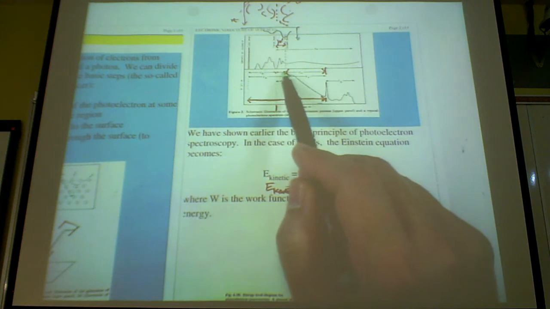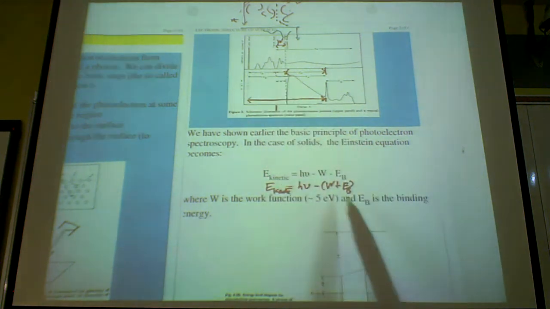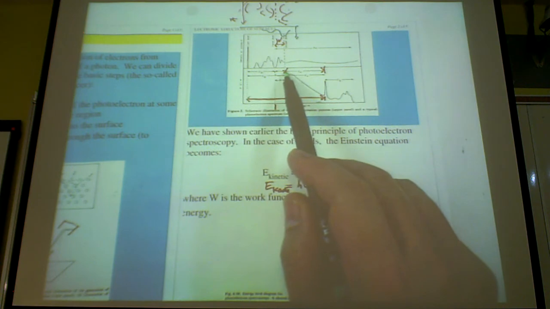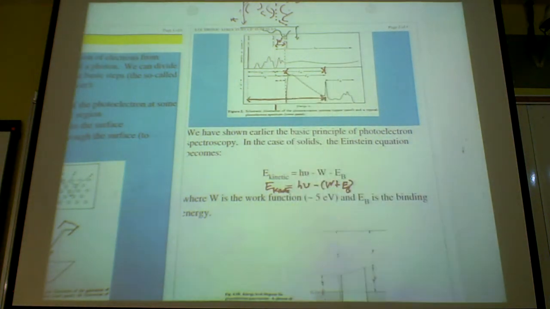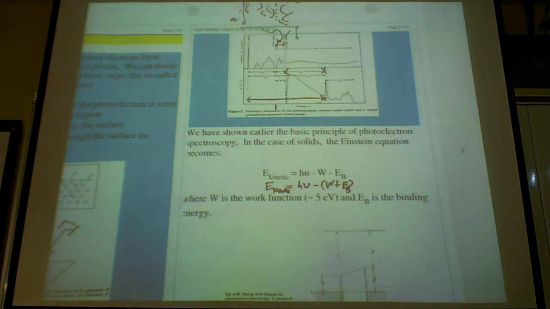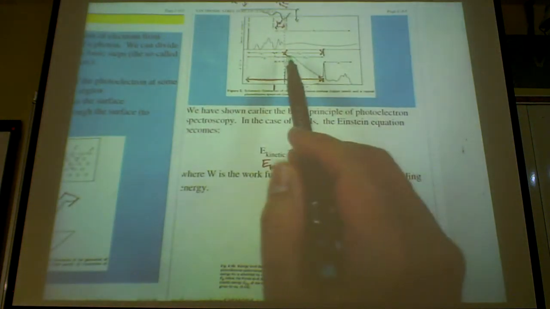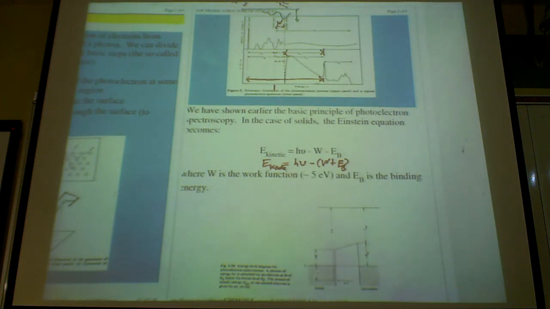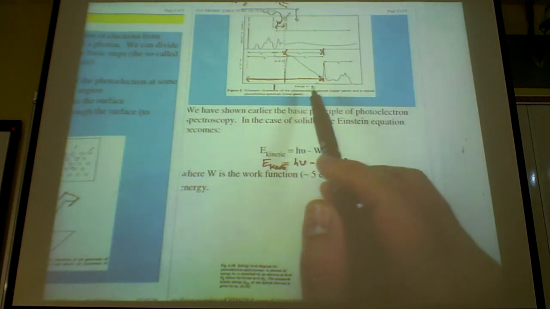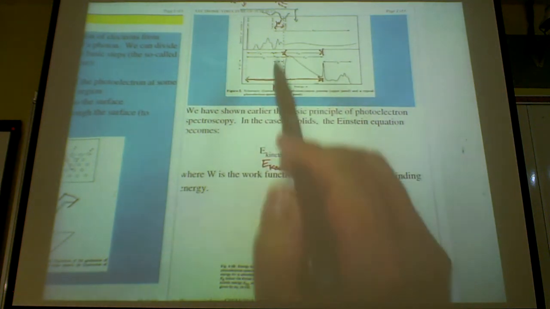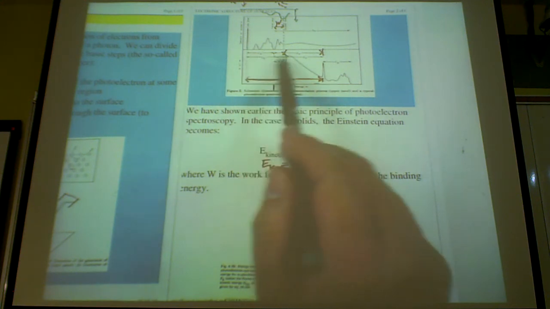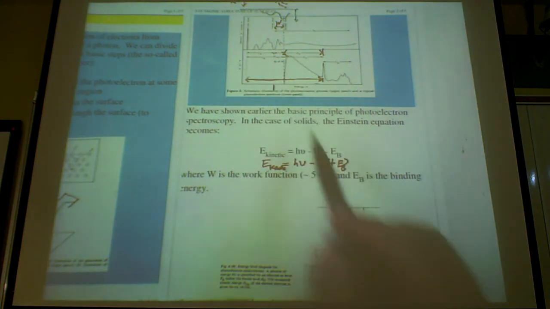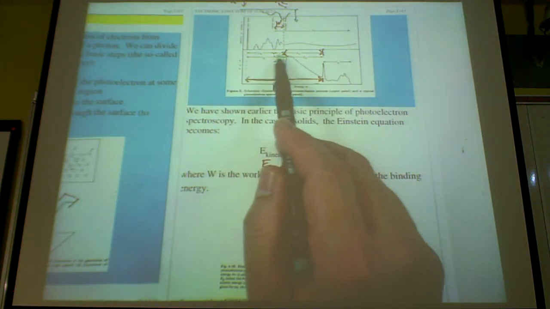Okay, so this bit plus this bit is what is left behind after you take out the kinetic energy from here. So in other words, the Einstein equation is really nothing more than a conservation of energy, because your photon energy must be split into the part whereby you bring the electron from the field state to the vacuum level, which requires energy of EV, the binding energy, plus the work function.